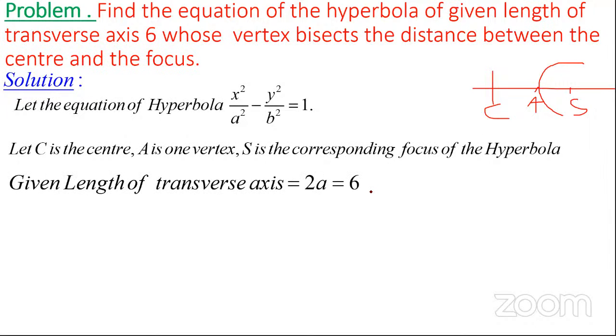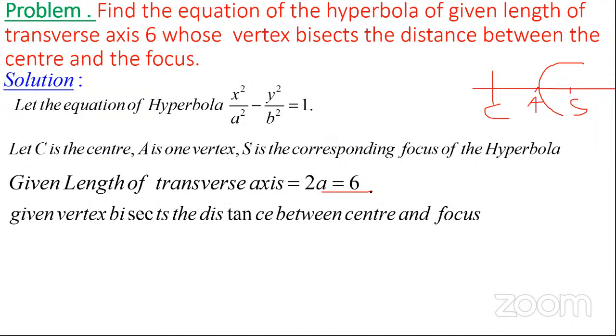Next, the given length of the transverse axis, the total length, is equal to 6. If a is greater than b, the length of the transverse axis is 2a, so 2a equal to 6.